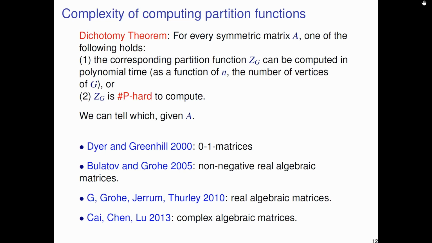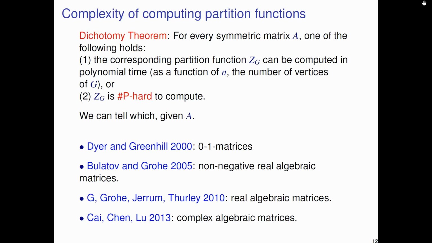Now, if you're not a complexity theorist, you might say, well, whatever, you've just said it's one thing or the other. This isn't true for free, because just as you know that if P and NP are different, then there's an infinite amount of stuff in between, similarly, if P and number P are different, there's an infinite amount of stuff in between. So it's by no means true that every computational counting problem is either in P or number P hard.